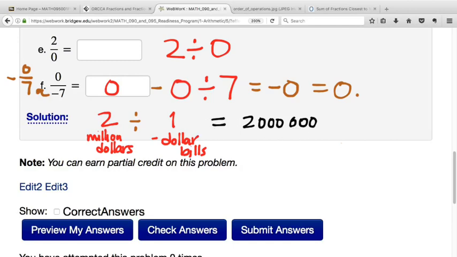Okay, so what if I go from $1 bills to quarters, which are really 1/4, or maybe let's write it as a decimal for once, $0.25 bills. How many quarters would I need? A whole lot more. If instead of quarters I wanted dimes, oh, now we're really getting, I think that's right, 0.1.